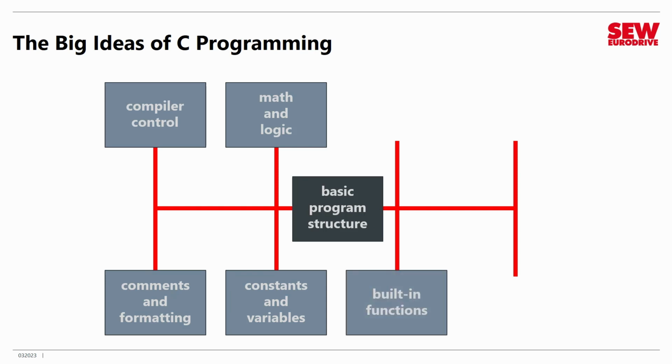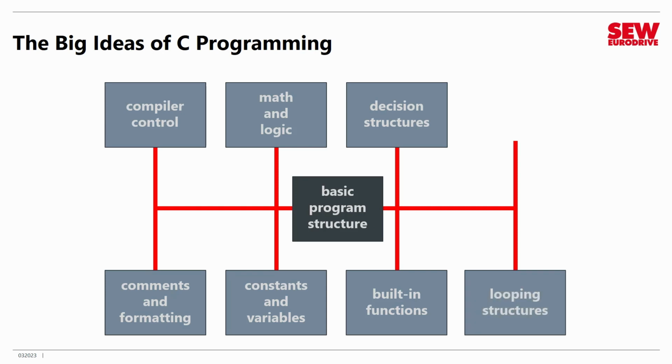Then we're going to look at the built-in function library. This is sort of like the commands built into IPOS. And these are all very specific to motion control and communication and VFD-related activities. So we will look at the built-in functions. We'll look at decision structures. These are things like if, then, else, which allow your program to make decisions based on values and variables or values coming back from I/O.